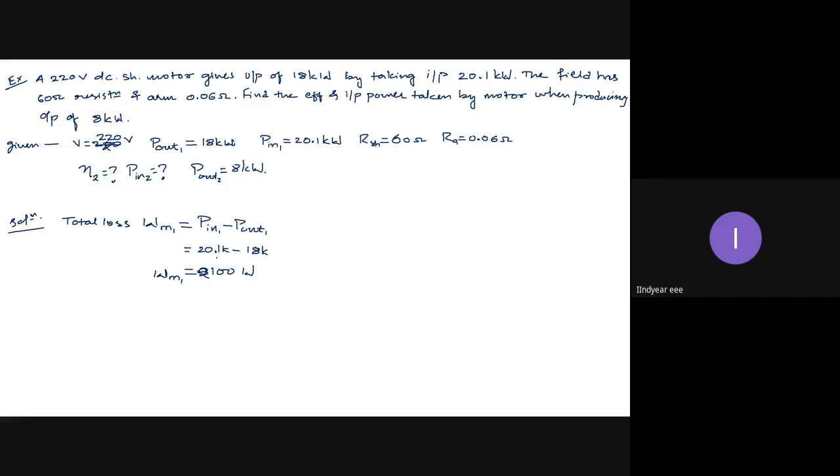Now, these losses comprise constant losses and variable losses. Here, I know the input power and the input voltage, so very easily I can get the line current, IL1. I know RSH, so first you draw the DC motor.